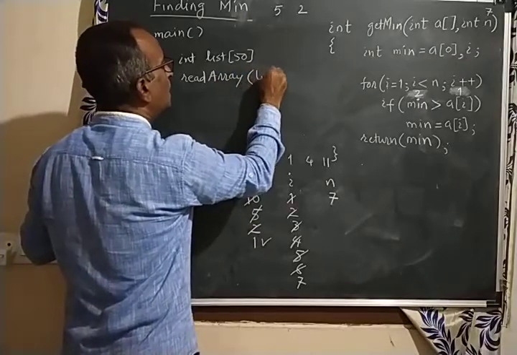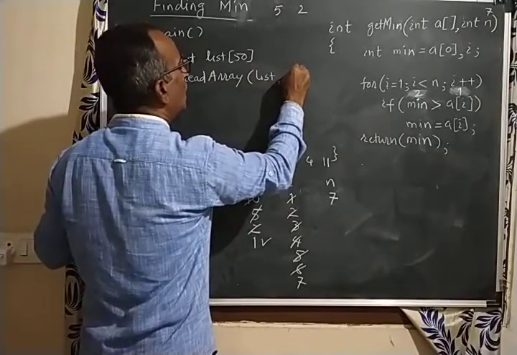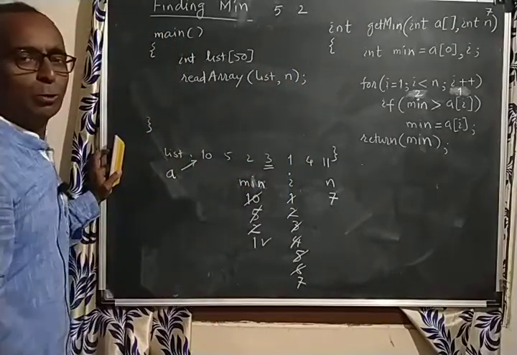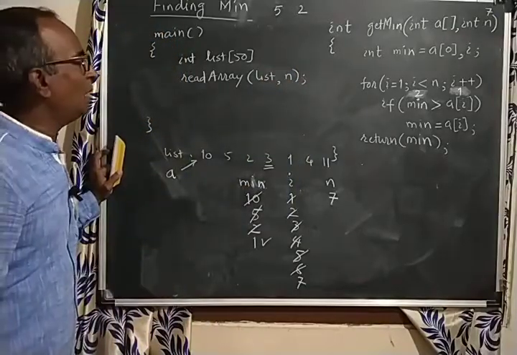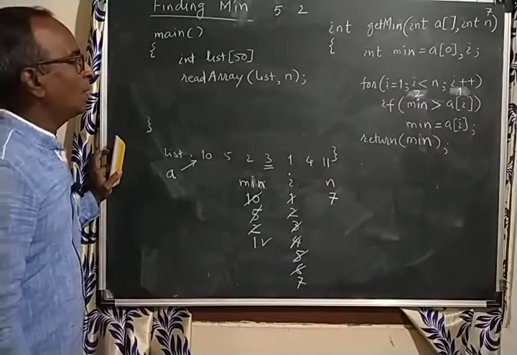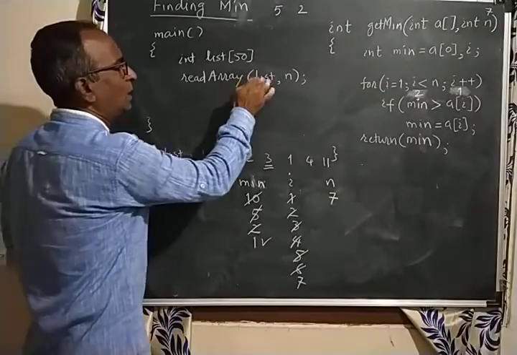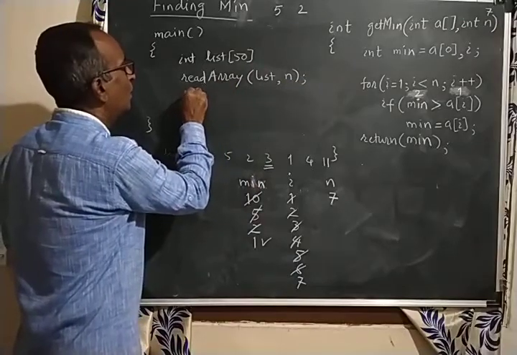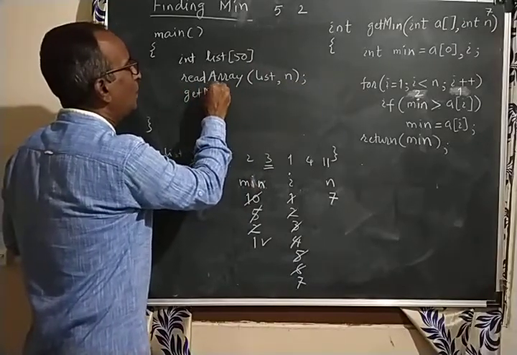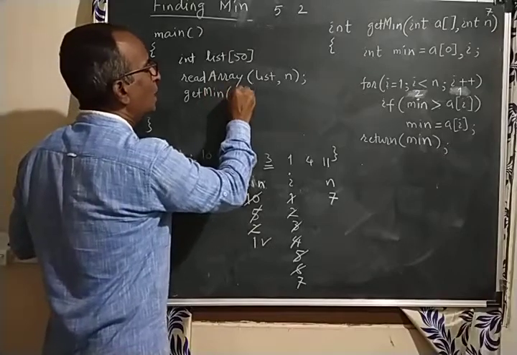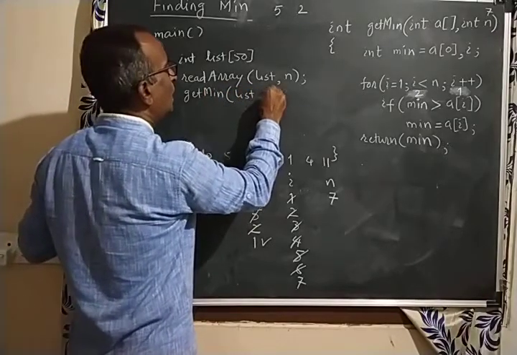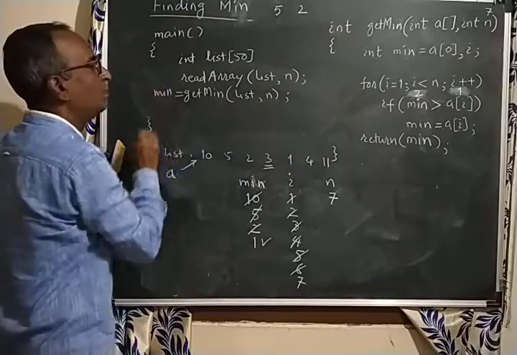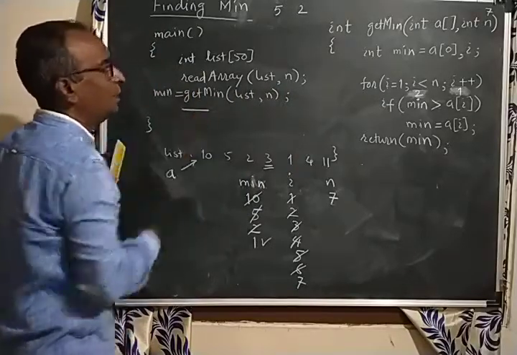I am passing the list and I want to pass n, the number of elements you want to read by read array. Then whatever list I have, I pass to get minimum along with n, get the minimum, and then I can print.